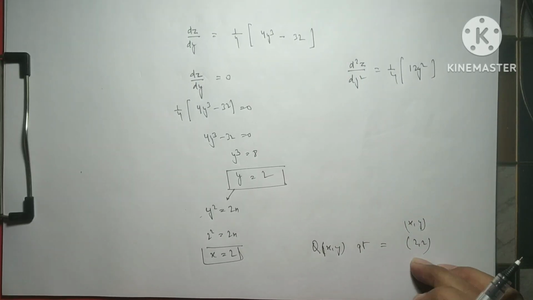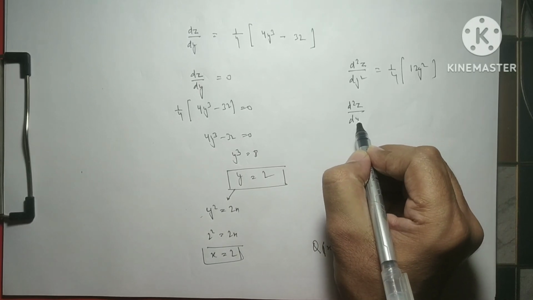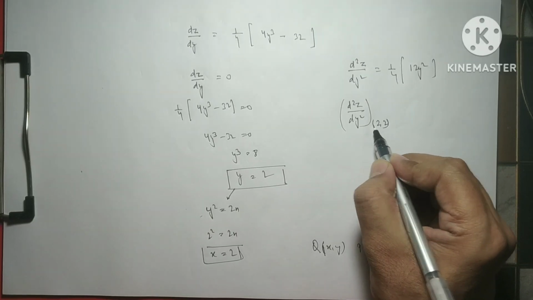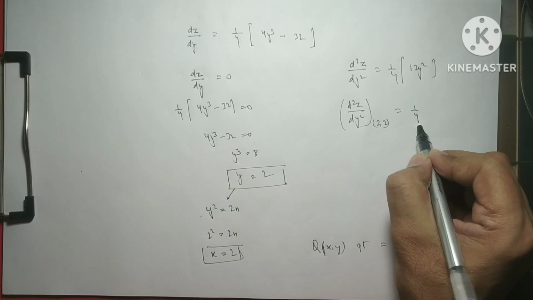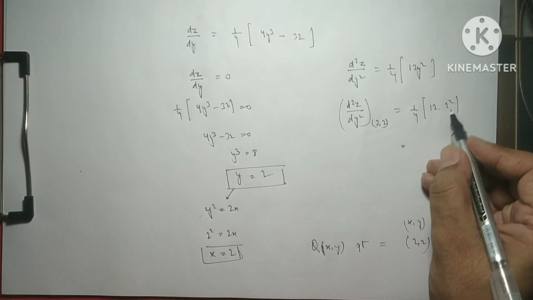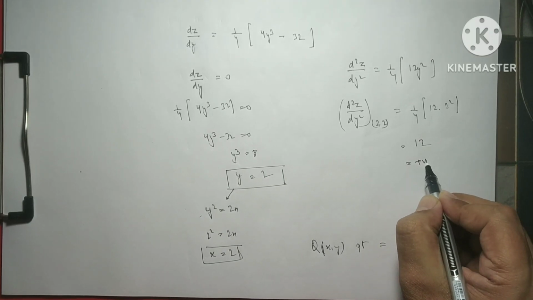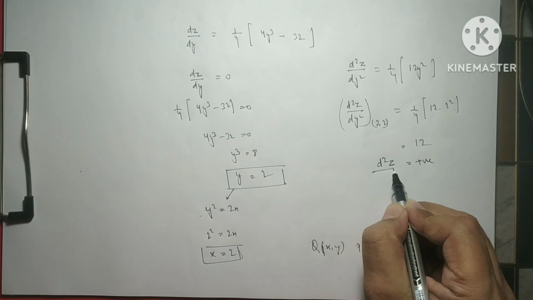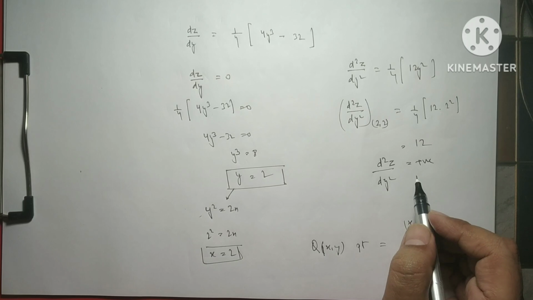On putting this value, d2z over dy square at (2, 2), the value of y is 2, so 1 by 4 into 12 into 2 square, which is 4, and this is positive, or you can say greater than 0. So if the second derivative is positive, that shows minima, so it is closest.